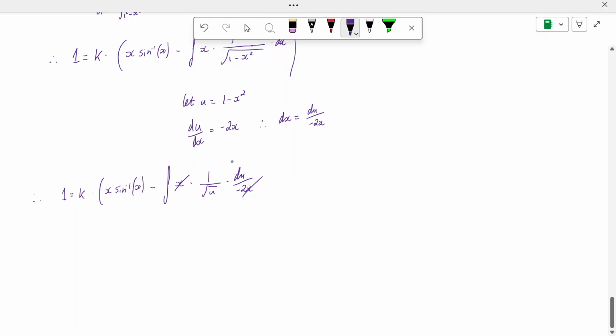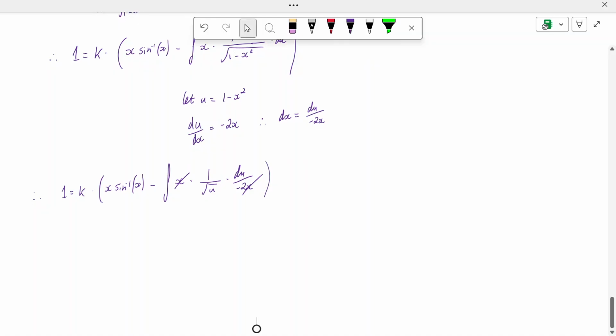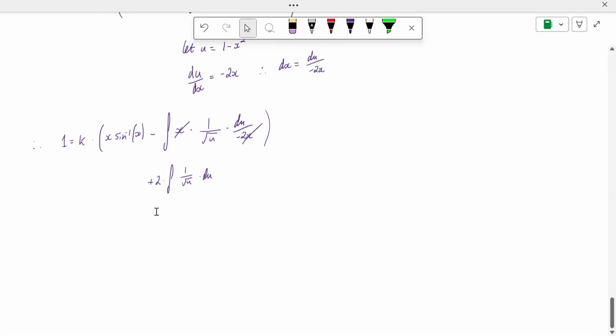That 2 I can bring all the way out the front if I'd like to. So if I bring that negative 2 out the front, it's going to be a plus 2 dot the integral of 1 on root u du. Don't overcomplicate this. This is a very, very simple problem.